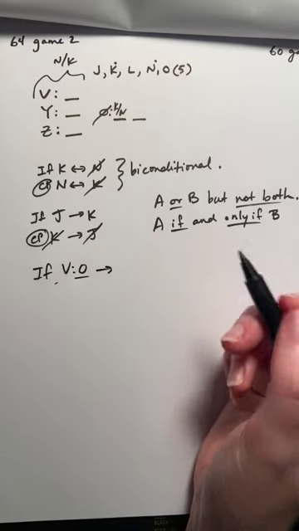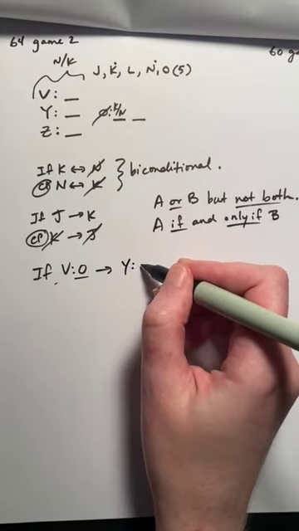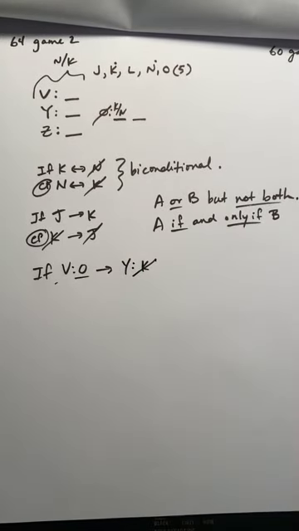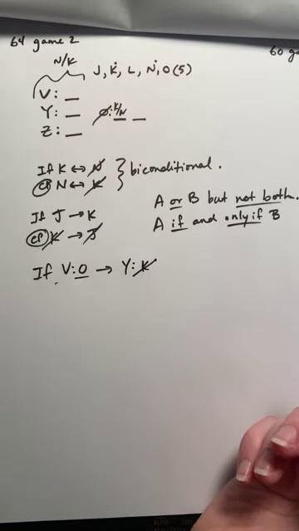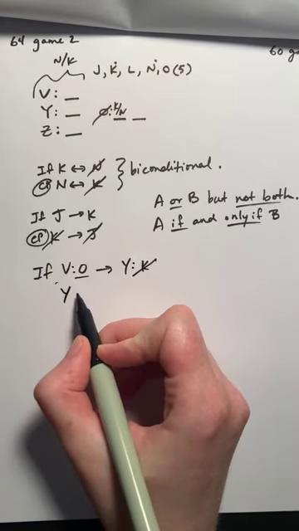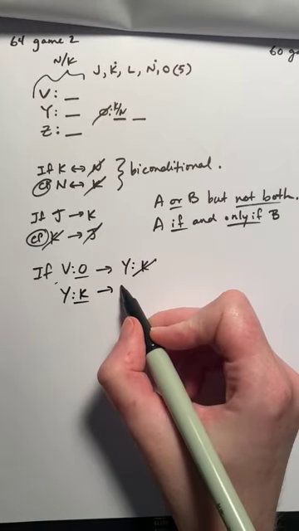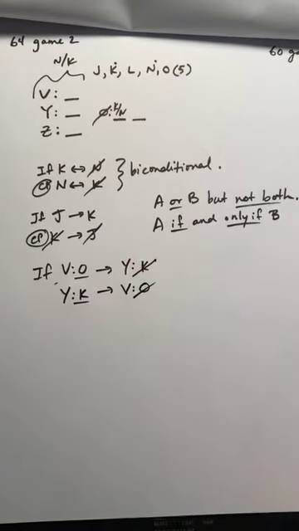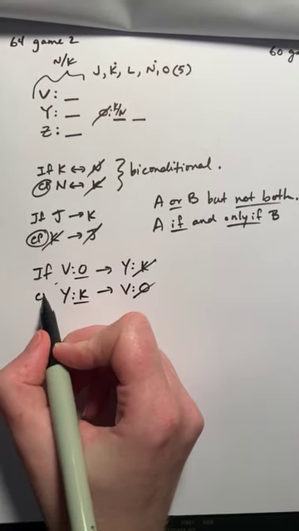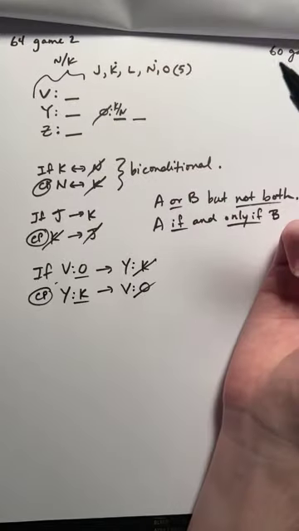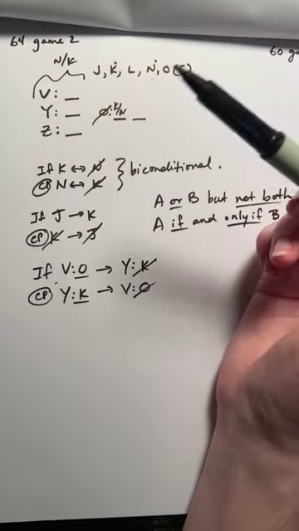Then K isn't the ambassador to Yemen, but this doesn't necessarily mean that K is out completely. K just isn't assigned to Yemen, right? If K is assigned to Yemen, then O can't be assigned to Venezuela. And you don't have to write it like this. I'm just doing that so that it looks similar to my diagram above, but that's not necessary.